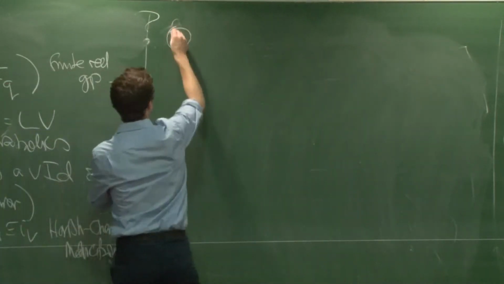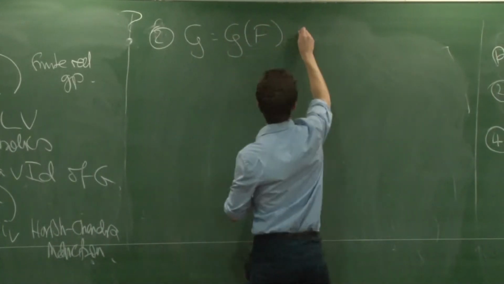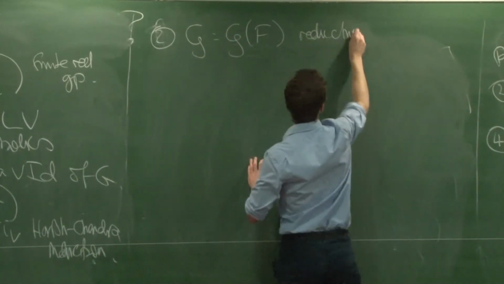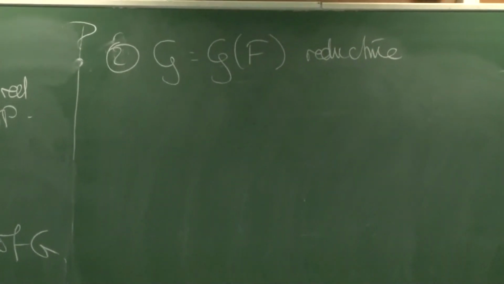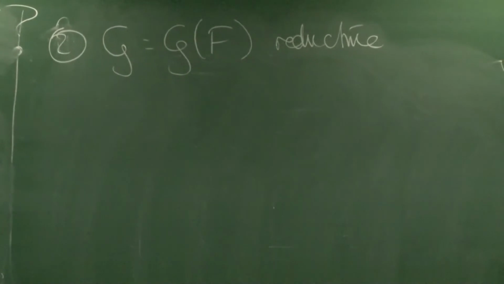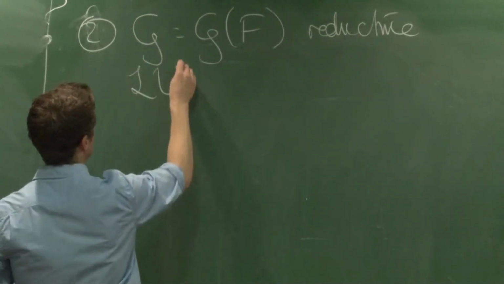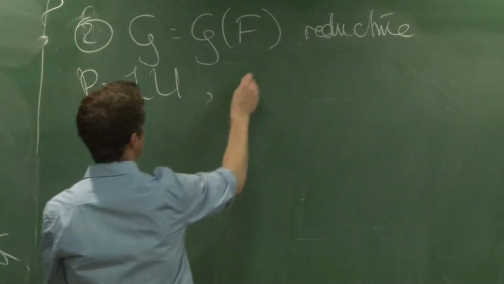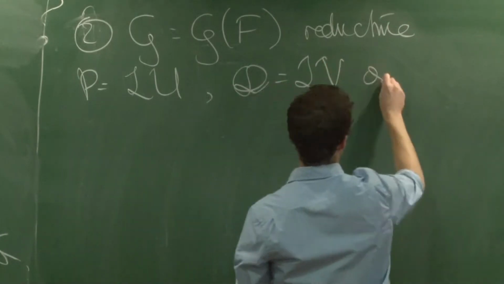Second example, that curly G be a reductive group over an Archimedean local field F. Let's say curly L, U, V, and Q, L, V, again an opposite pair of parabolics.